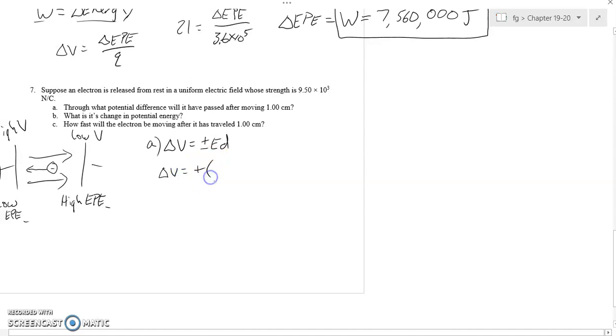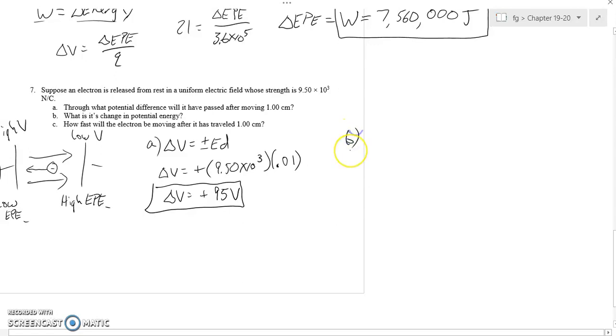So positive electric field strength 9.50 times 10 to the third, and then the distance 1 centimeter, make sure you're in meters, so 0.01. So our change in potential is going to be a positive 95 volts.